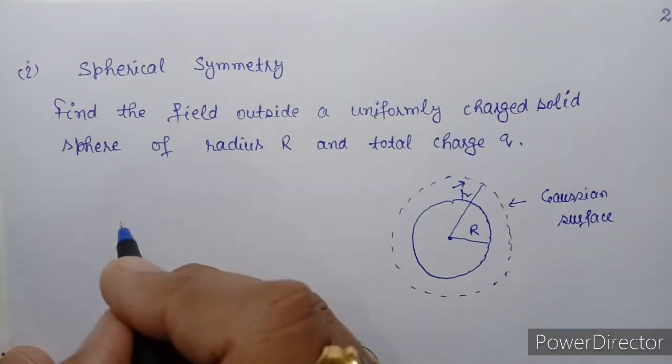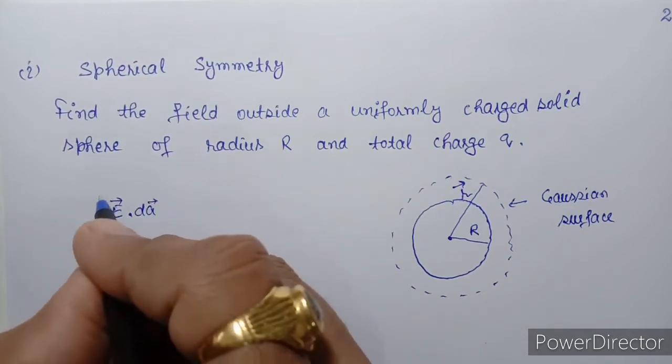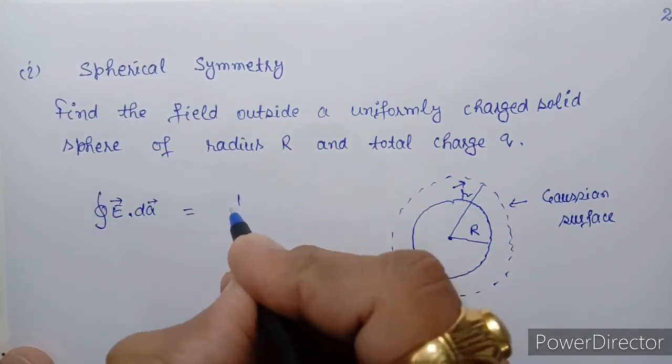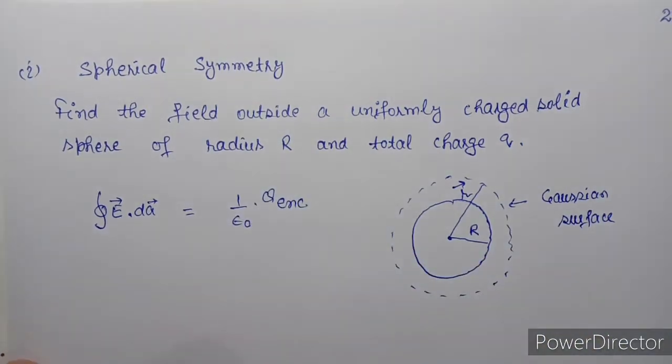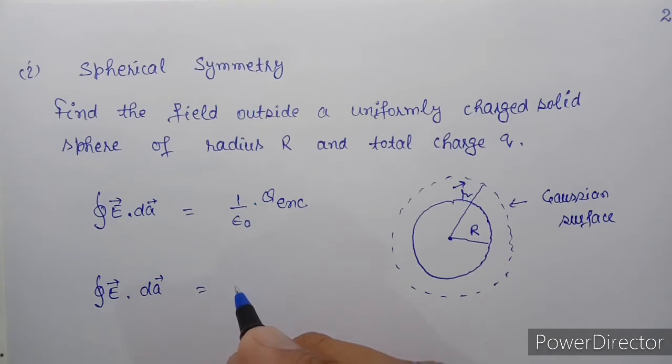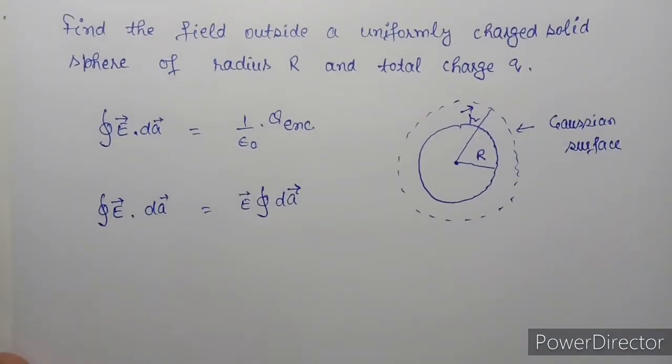Now according to Gauss law, E dot dA is equal to 1 over epsilon naught times the total charge enclosed. As we discussed in one of our assumptions, E and dA are in the same direction. So the left hand side, E dot dA, is equal to E times dA.